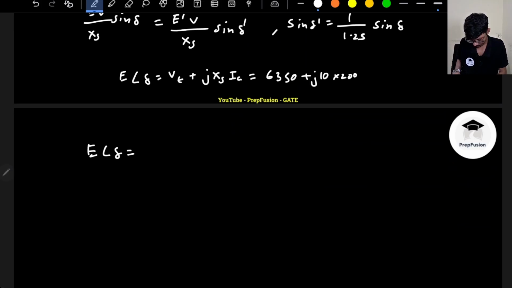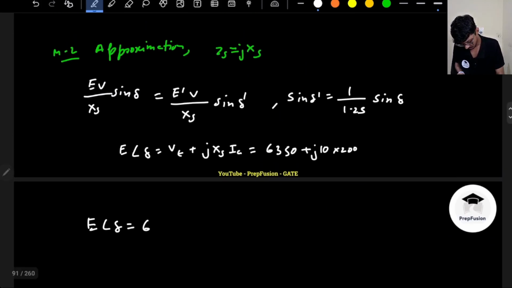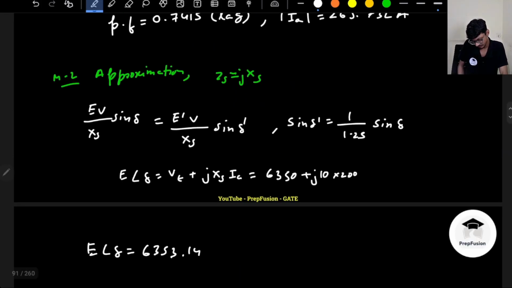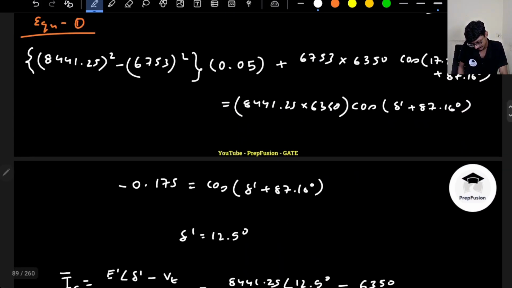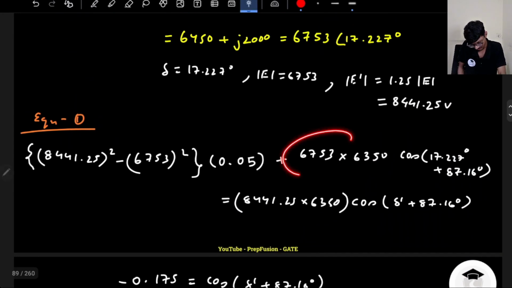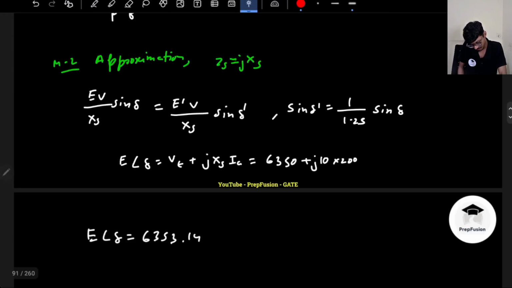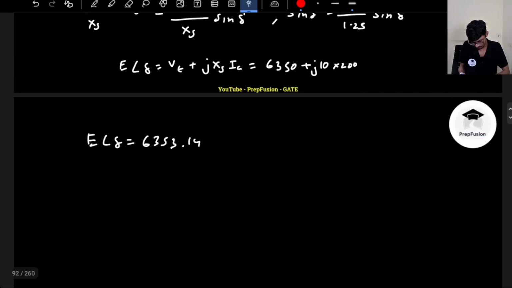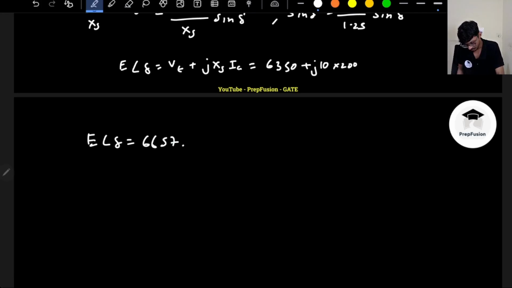So this will be 2000 whole square plus 6350 whole square, whole under root. This will not change much, the magnitude. Previously, what was the EMF that I was getting? The EMF was quite different. Let me check once. 2000 plus 6350 whole square whole root. Yeah, this changes: 6657.51.